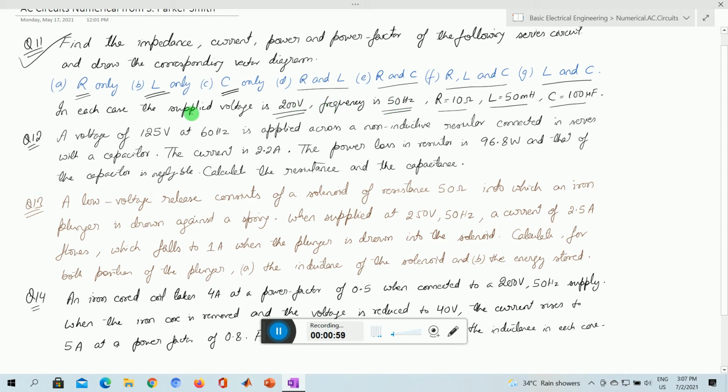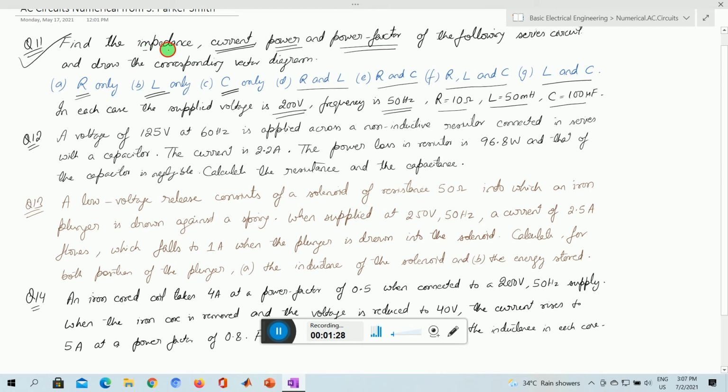So the loads will be one by one. It will be R, RL, RC, RLC and LC. So all the different combinations of loads will be there. We will see what is the impedance of the load, what is the current flowing through the load, what is the power, what is the power factor.